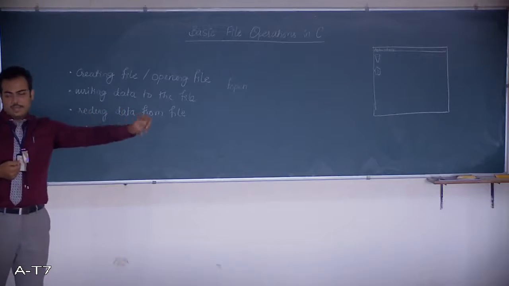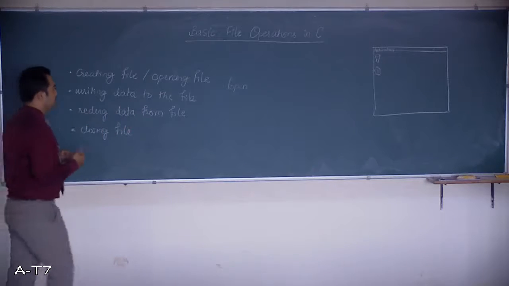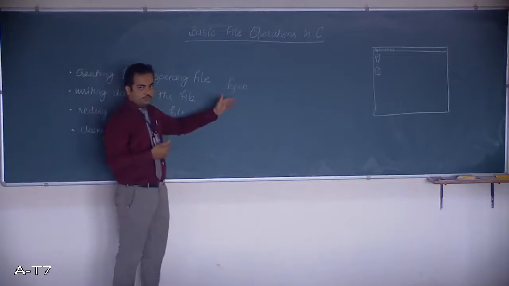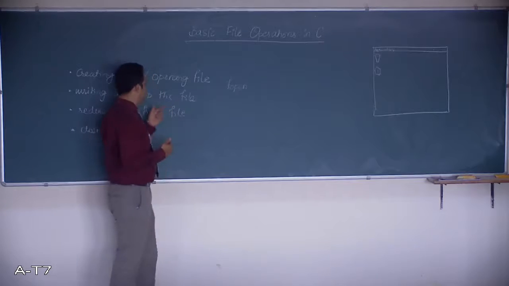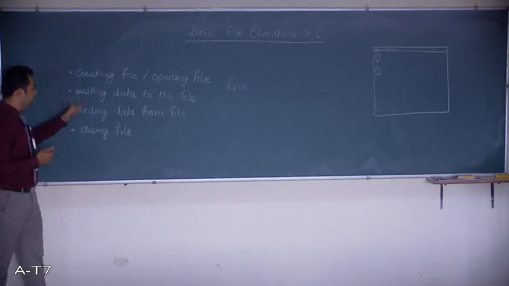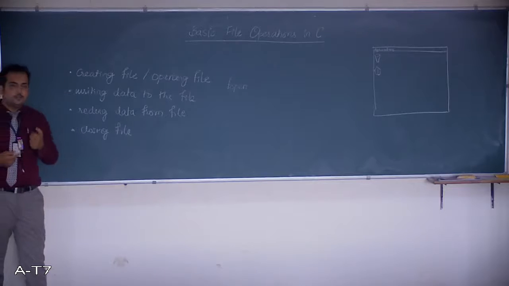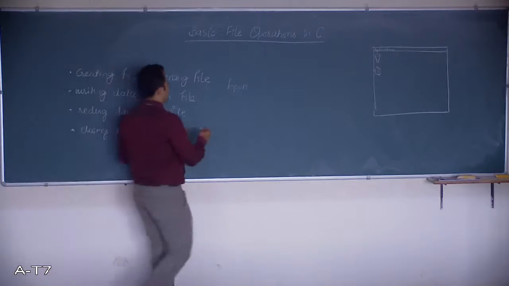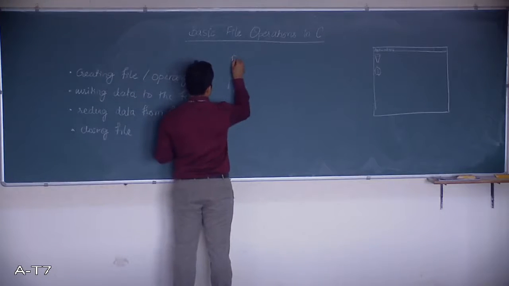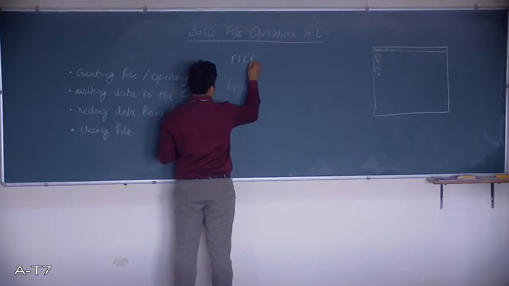at the mentioned path. Now to use this fopen or any of these functions, writing to the file, reading from the file, we require a file pointer. The file pointer is declared using the keyword FILE.